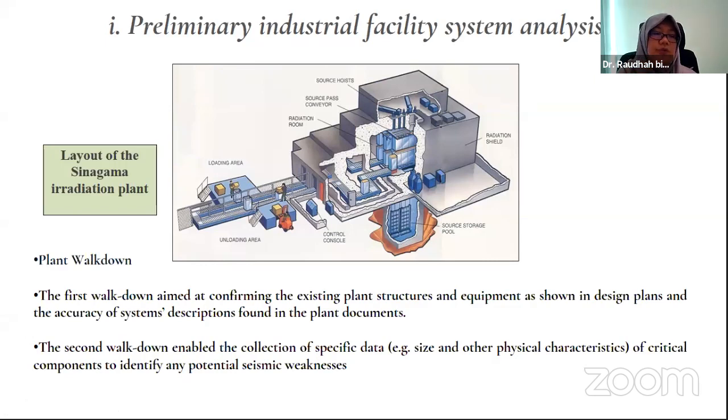You could also conduct a second or third walk down to collect more specific data and see the critical components. After a few visits, you will be able to get more information about the potential seismic weakness in the existing facility.